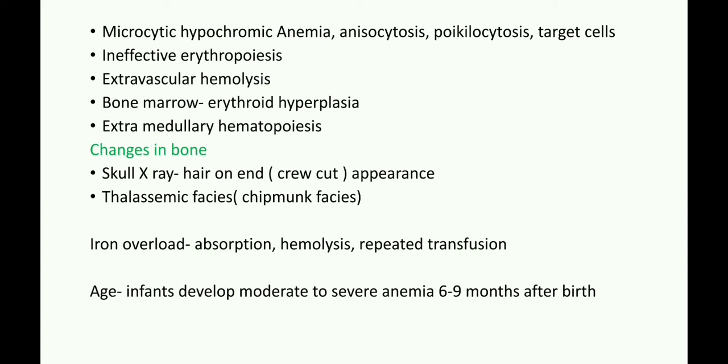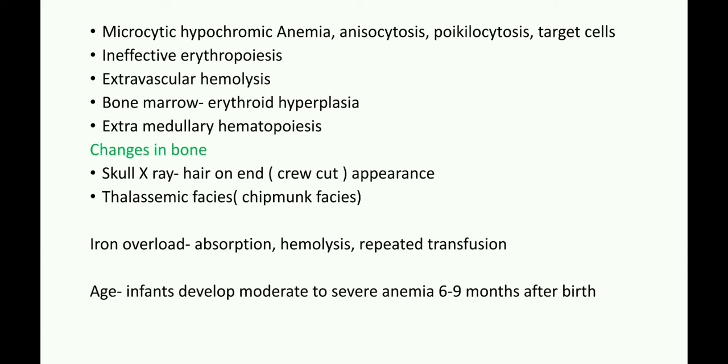Like in the skull X-ray, you get a particular appearance, that is hair on end appearance or crew cut appearance. And there is something called thalassemic facies, also called chipmunk facies. We will be looking at the pictures right now.